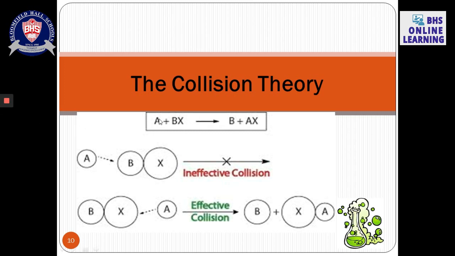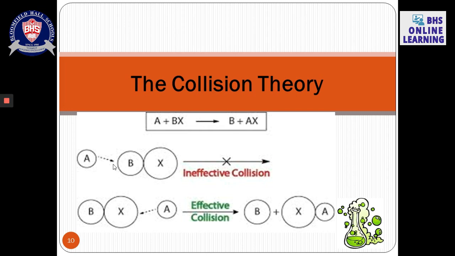Suppose there is a reaction of A and Bx and the products are B and Ex. First, these two reactants, they have to collide for the products to be formed. First type of collision is when A is colliding with Bx, but they do not have sufficient energy.